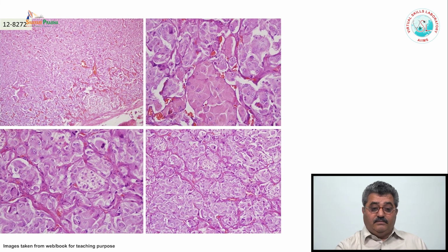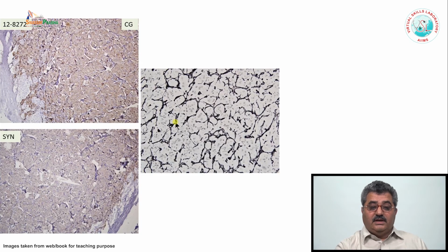Whereas this is another example showing a very classical Zellballen pattern, the small nests of cells separated by these fibrovascular wrapping. And this can be well demonstrated by some reticulin stain. This is reticulin rich, which are the blood vessels of the fibrovascular tissue, and the cells in the small nests are reticulin poor.